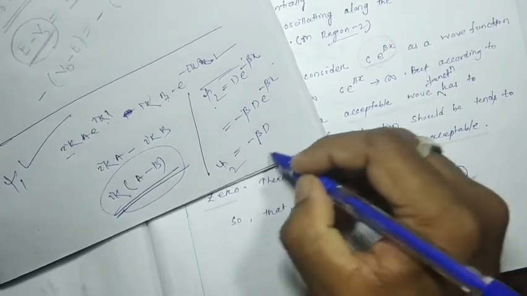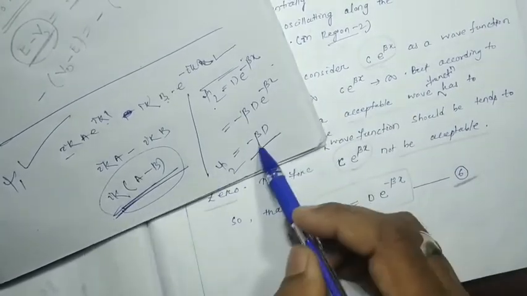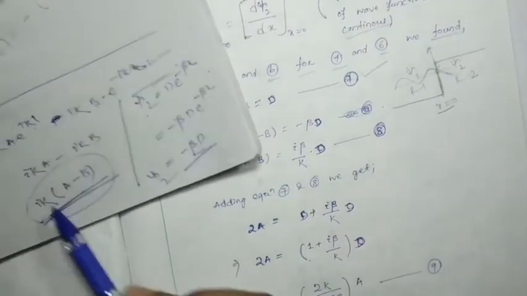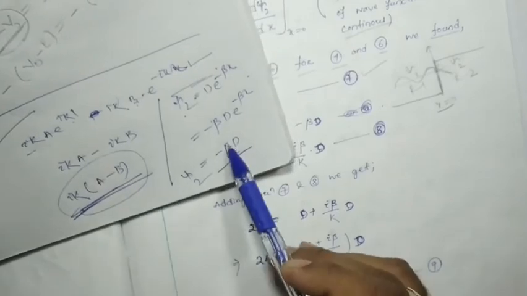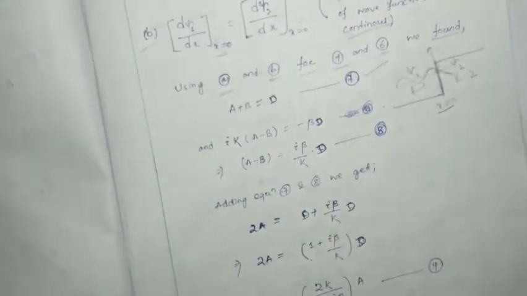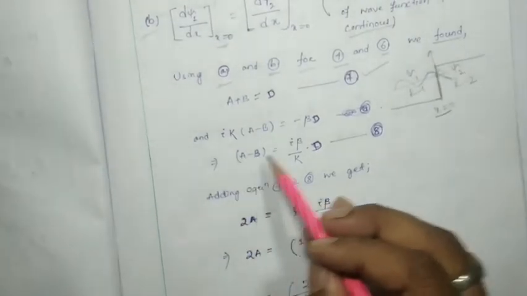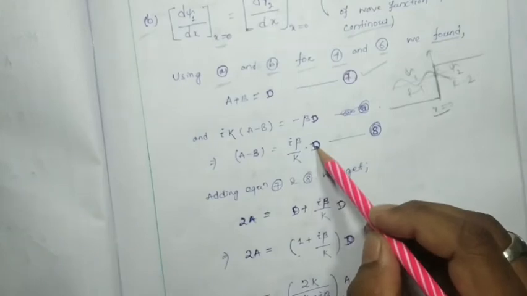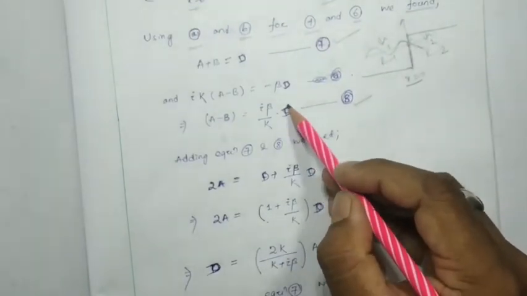So we have ik (a minus b) equal to minus beta d, and a minus b equal to i beta by k into d. Let this be equation number 8.